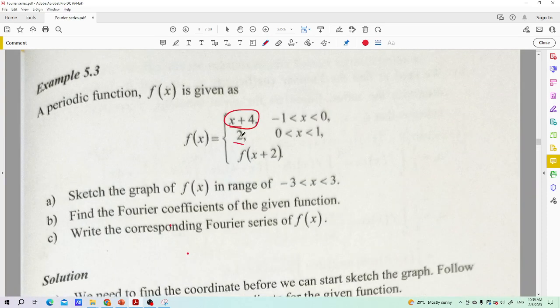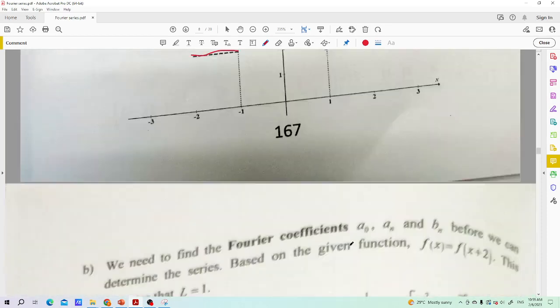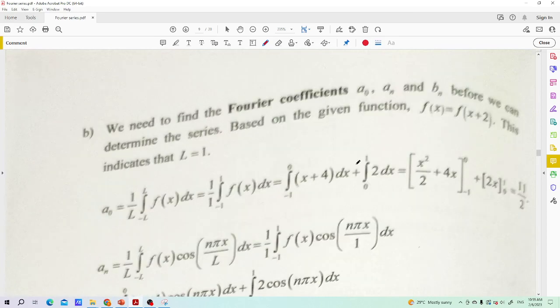So we have 2 here. Okay, so that's why we add this. So we add these two, and then we put the range of this periodic function. So then we can calculate this.